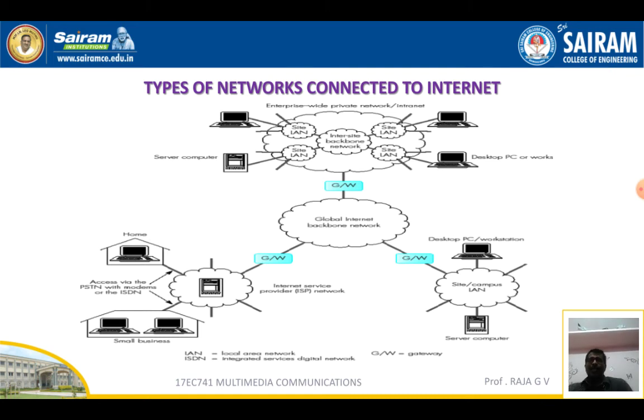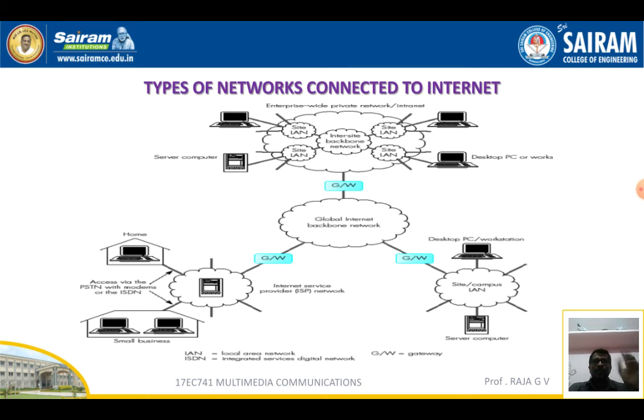So a user at home or a small business accesses the internet through an intermediate service. For that we are using the internet service provider network. Normally, the type of user wants to access the internet.